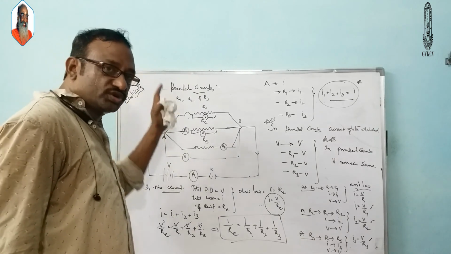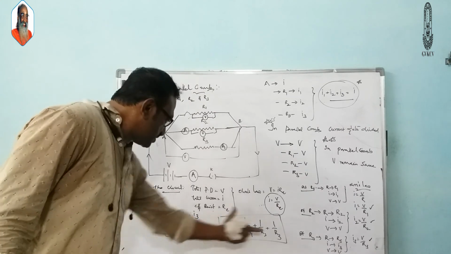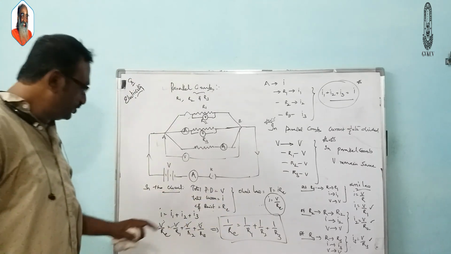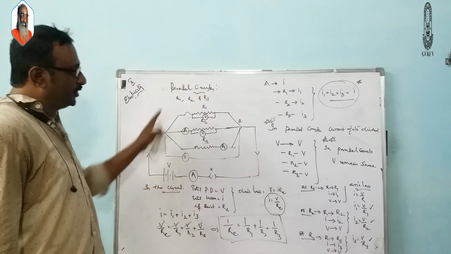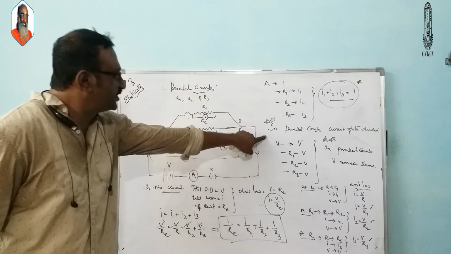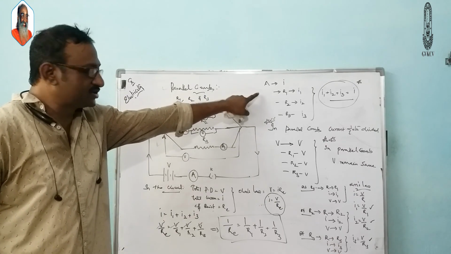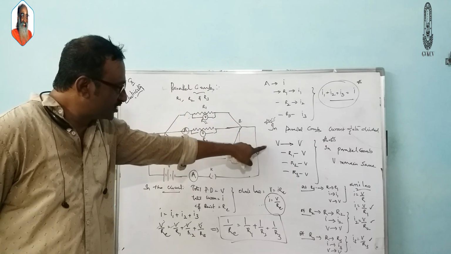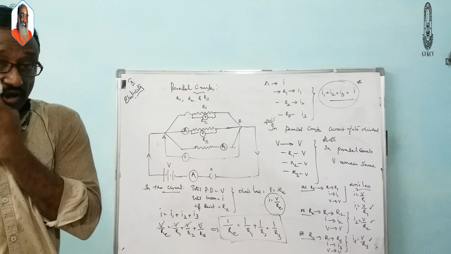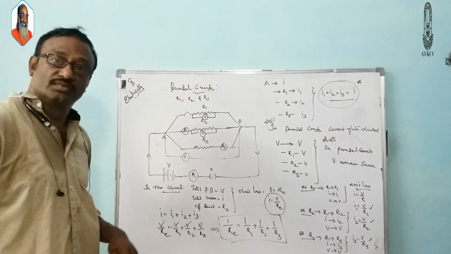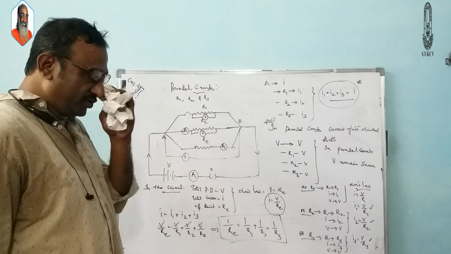Here we used I is equal to I1 plus I2 plus I3, and in the series combination we used V is equal to V1 plus V2 plus V3. Basing on this concept, that in the parallel combination current gets divided and V remains the same, and applying Ohm's law, we got the expression: the reciprocal of effective resistance is the sum of the reciprocals of the individual resistances.